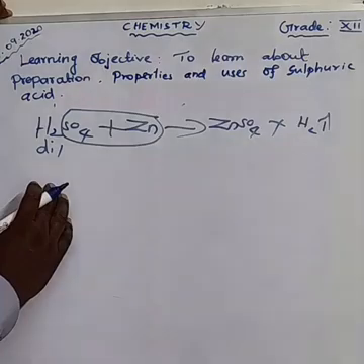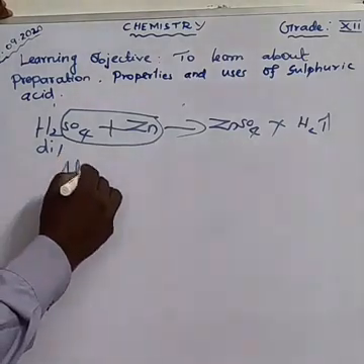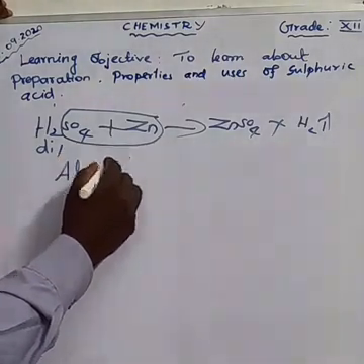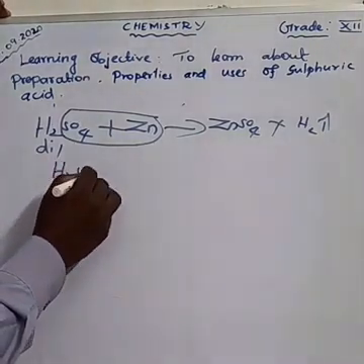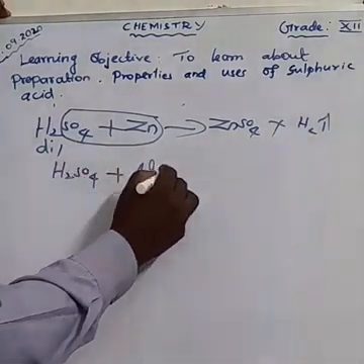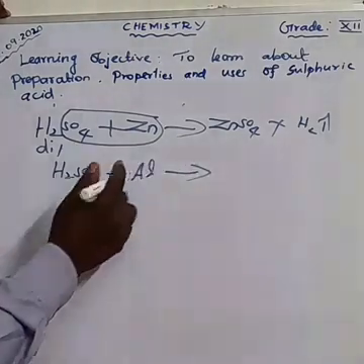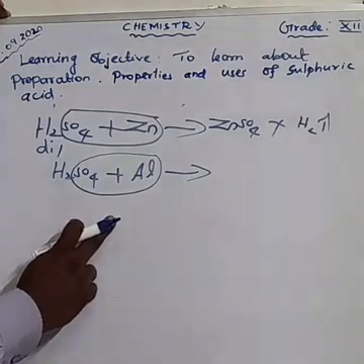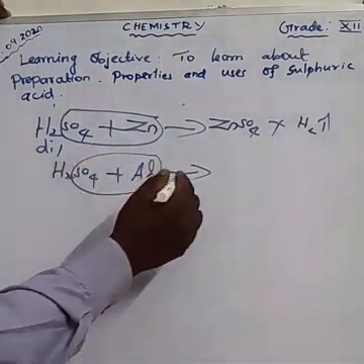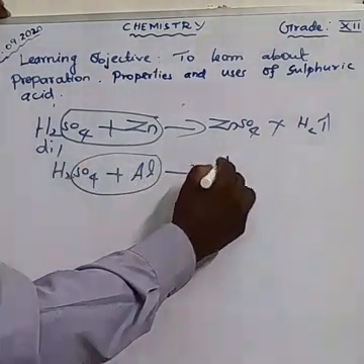What is the symbol of aluminium? Al reacts with the sulphuric acid. We can first write sulphuric acid reacts with aluminium. So aluminium combines with sulfate to form aluminium sulfate. What is the formula for aluminium sulfate?